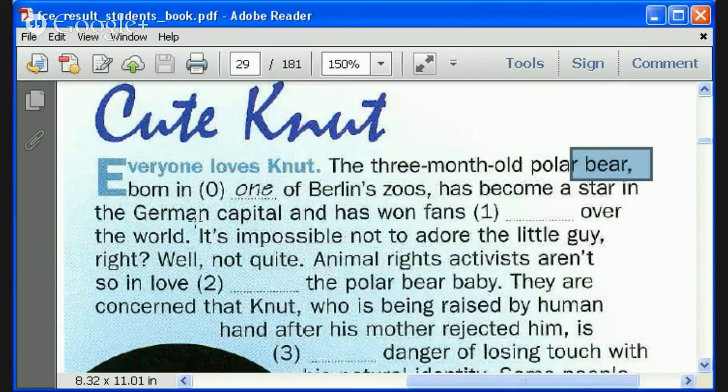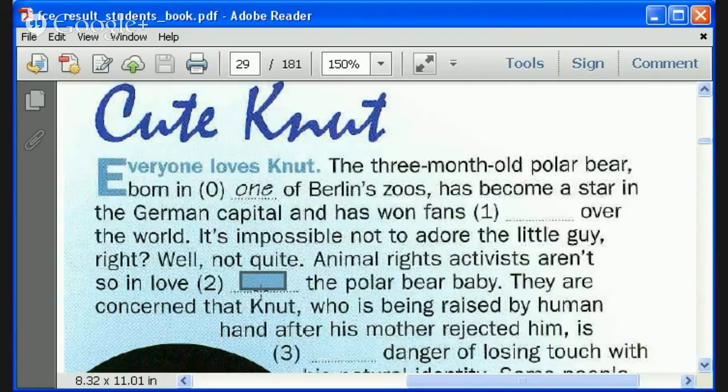All right, might as well just plow on. Go ahead. It's impossible not to adore the little guy, right? Well, not quite. Animal rights activists aren't so in love with the polar bear baby.